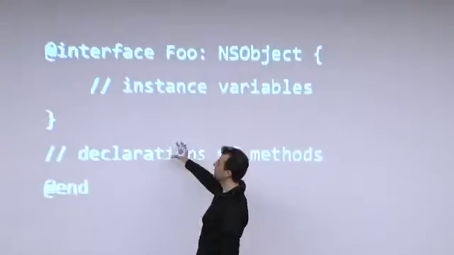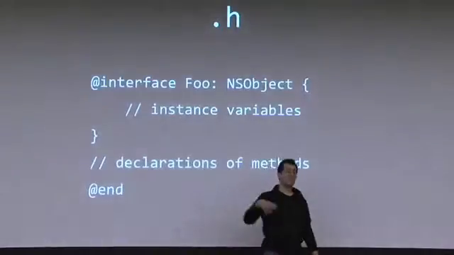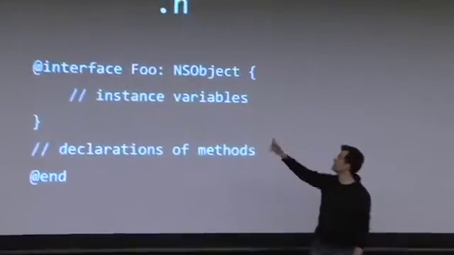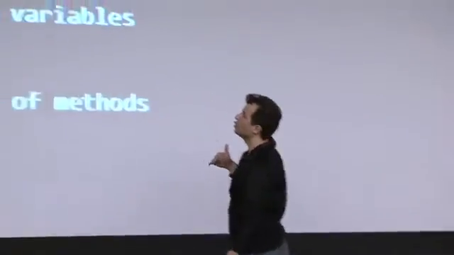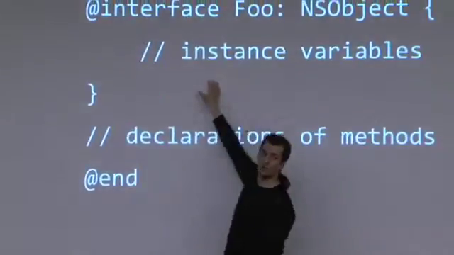Yeah? The methods that you declare outside of the object, are those in the same scope as the file, or are those somehow magically hidden from the rest of the file? Good question. So the methods that you declare here would be accessible to any file that #imports this .h file. The instance variables, meanwhile, do have the notion of public, private, or protected.